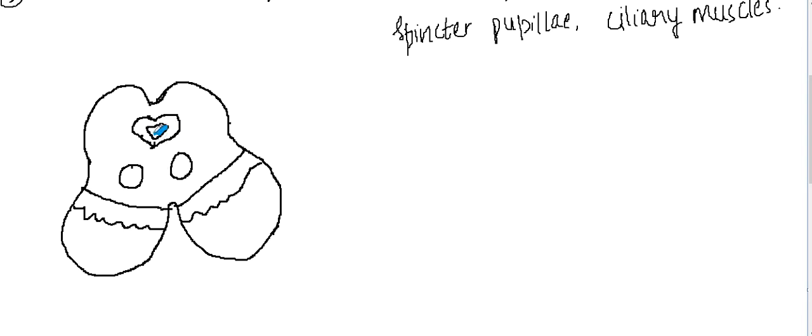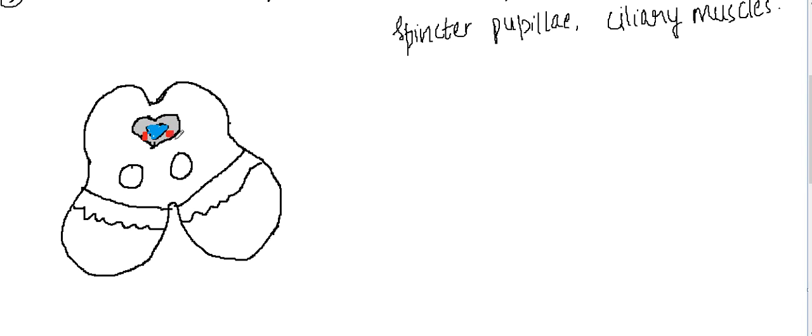The area surrounding the aqueduct, which is in gray, is called periaqueductal gray matter. Now first I will draw the oculomotor nucleus. In the periaqueductal gray matter you will have two oculomotor nuclei. I'll draw only the nerve of one side.